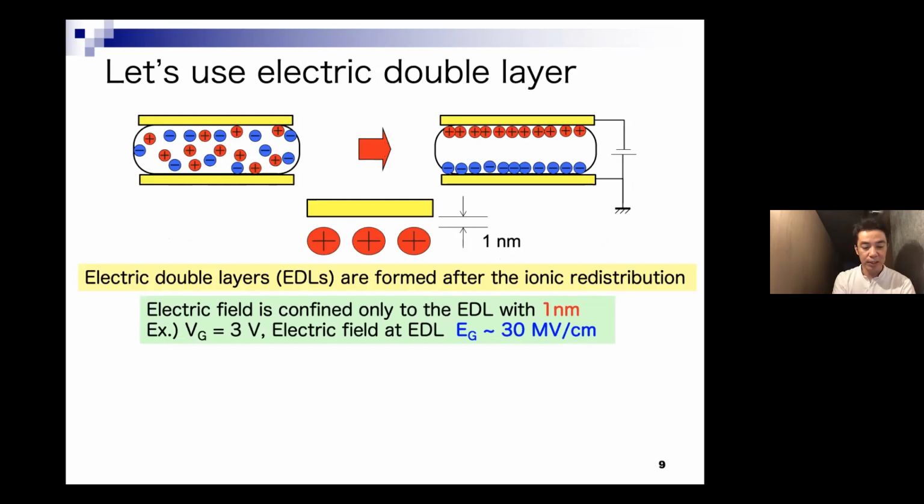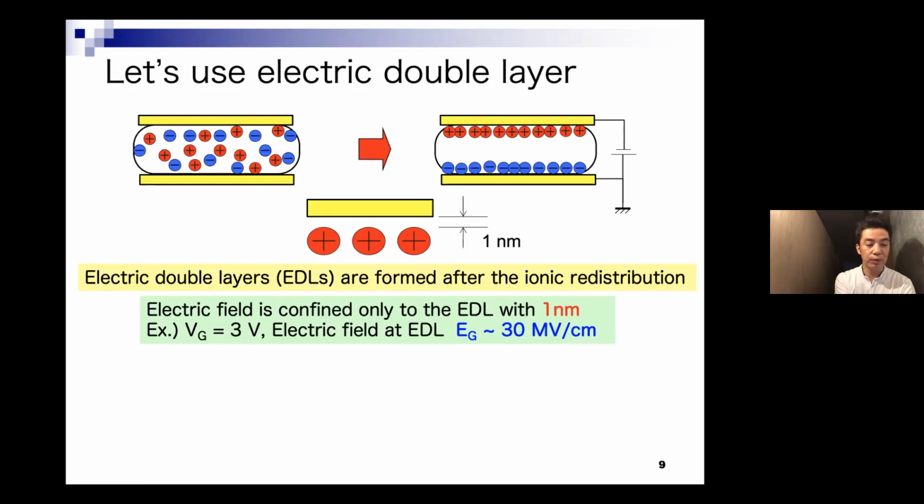To enhance the capacitance, we are going to use the electric double layer of the electrolyte. Of course, it is needless to say that when we sandwich the electrolyte with two electrodes and apply the voltage, the electric double layers are formed after ion distributions. When we zoom in on the interface between the electrolyte and the electrode, the electric field is confined only to the electric double layer with thickness around 1 nanometer, depending on the size of the ions.